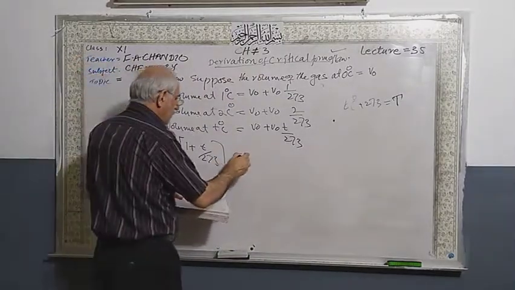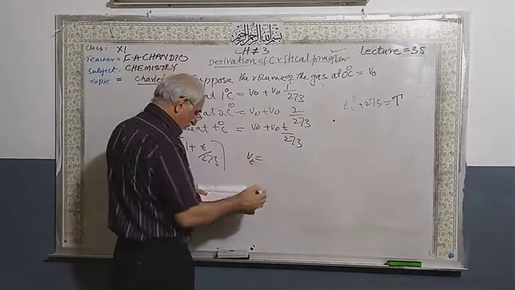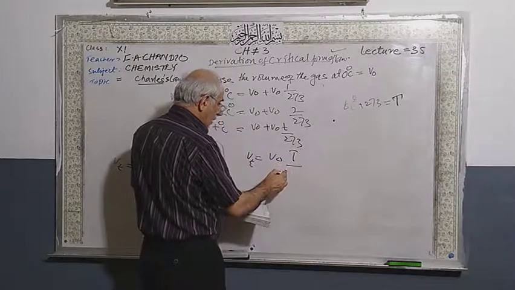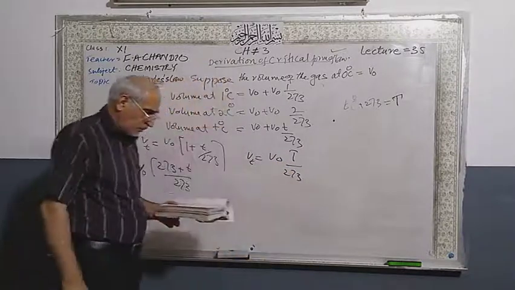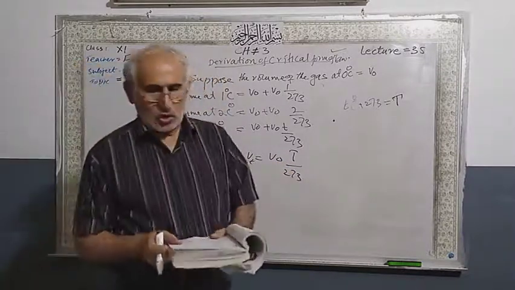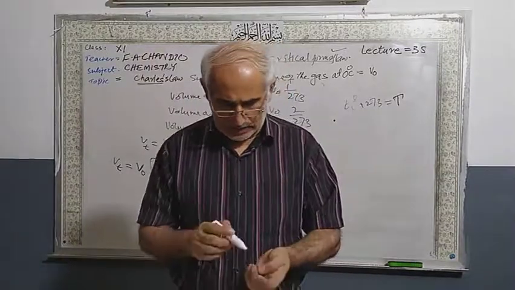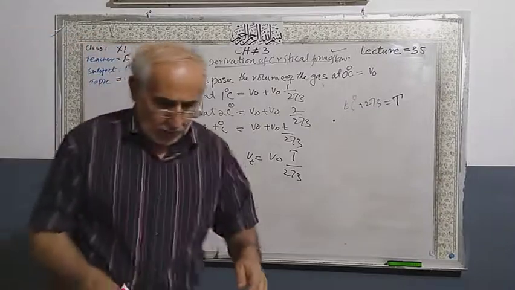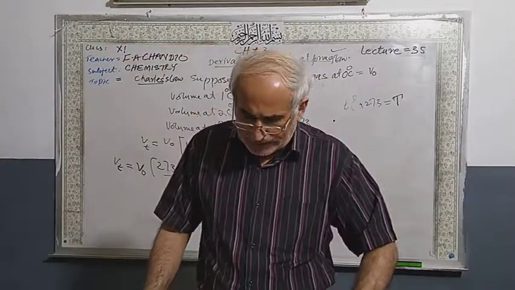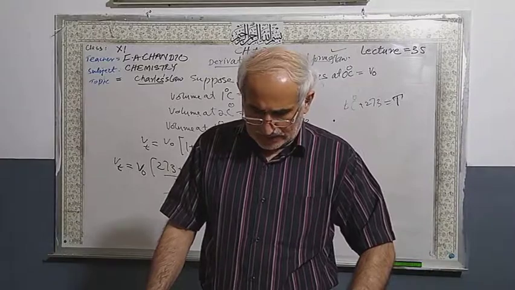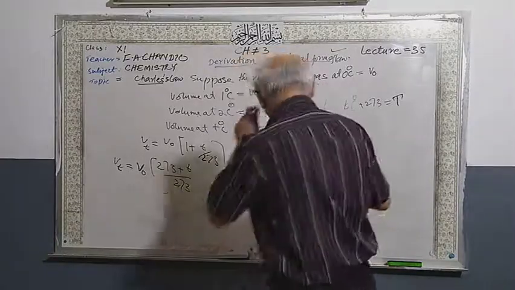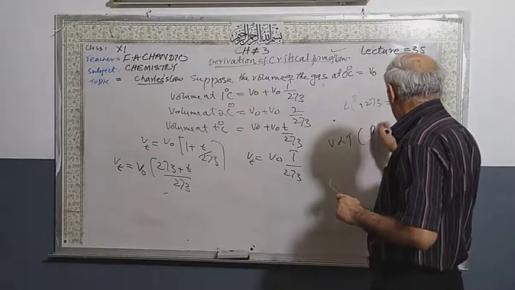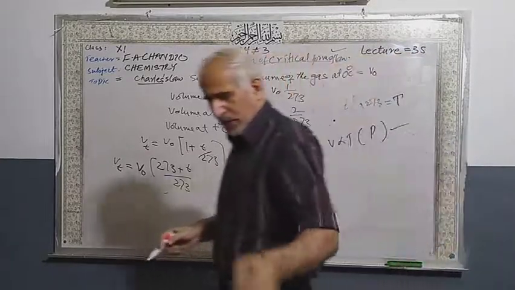That's why V at a certain temperature will be equal to V naught times capital T divided by 273. So this law states that the volume of a definite quantity of gas at constant pressure is directly proportional to temperature at a constant pressure.